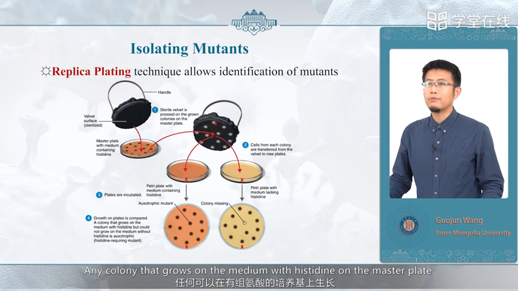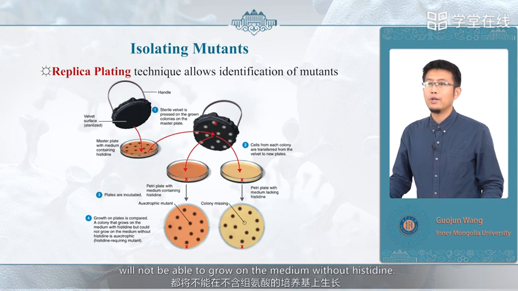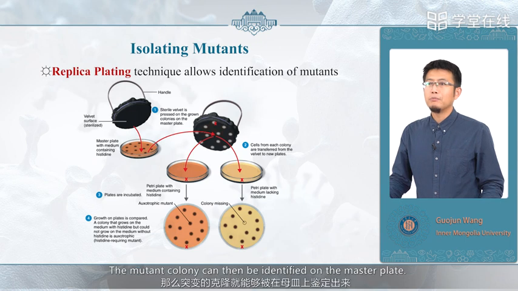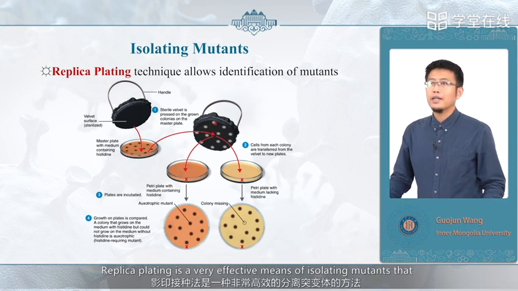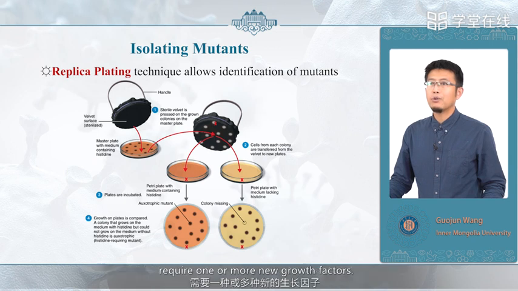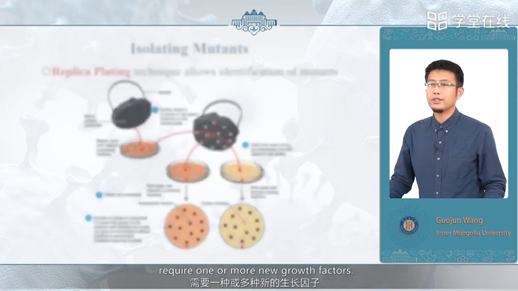Any colony that grows on the medium with histidine on the master plate, but cannot synthesize histidine, will not be able to grow on the medium without histidine. The mutant colony can then be identified on the master plate. Replica plating is a very effective means of isolating mutants that require one or more new growth factors.